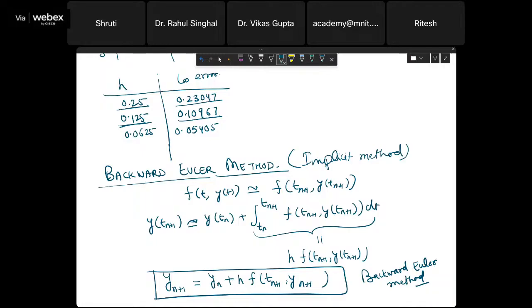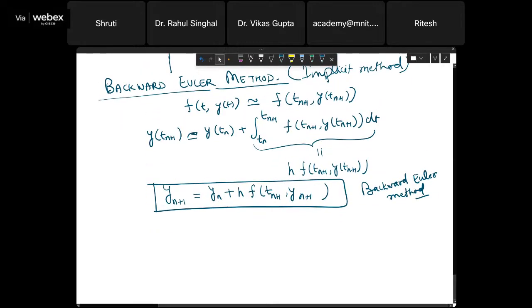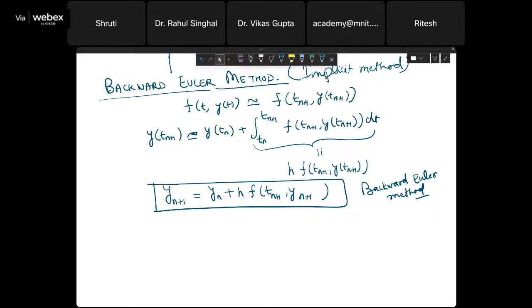Of course, if f is complicated, then it will be difficult to get yn plus 1 easily from this expression, especially when f is non-linear. If f is linear, we can easily write the expression after using this method, which will separate yn plus 1 and give you the explicit form of yn plus 1. But if f is a non-linear function, then it will be complicated to get yn plus 1 from this.